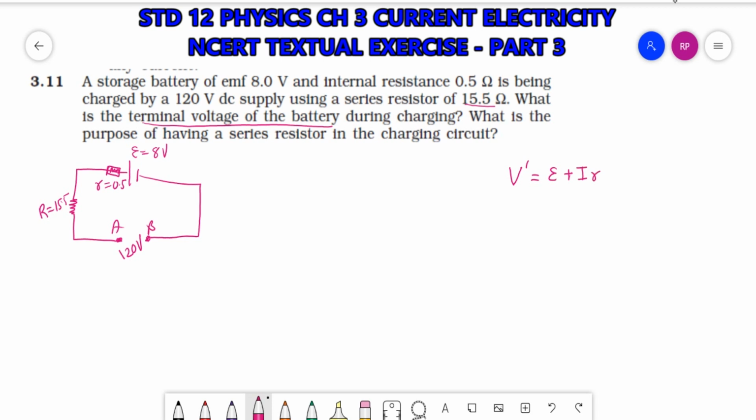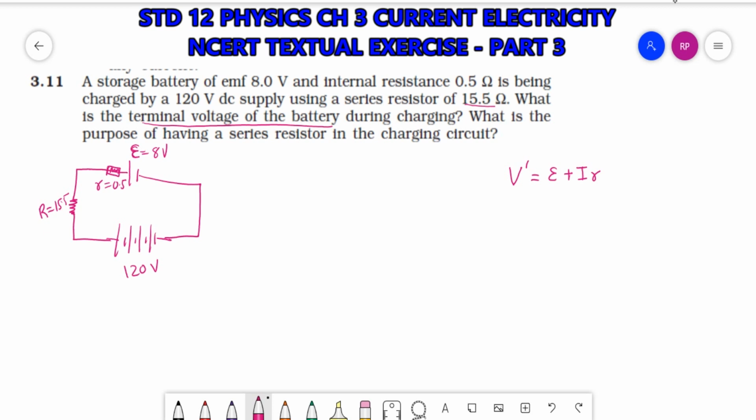Now see here, first the total potential. This battery is of 8 volt and is charged by a 120 volt DC supply. So what is the effective EMF?